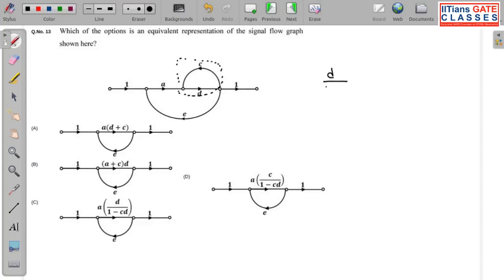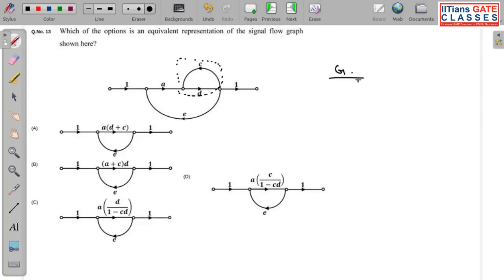D by 1 minus CD. Why D divided by 1 minus CD? If you see, this is a positive feedback. The forward path is D and the loop gain is DC.